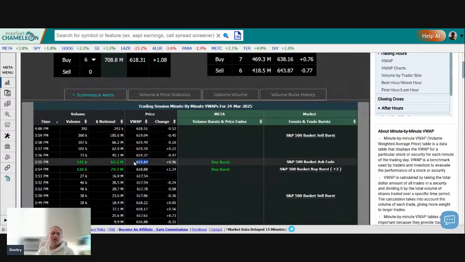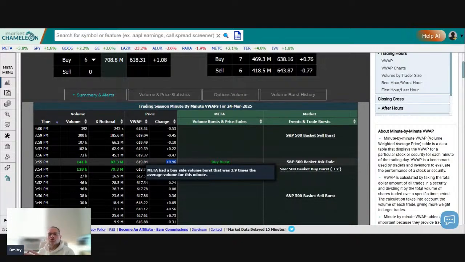Same thing at 3:55, another large volume on an uptick, we call that a buy burst. If you hover over it, it'll show you that this particular minute, the volume was 3.9 times the average volume. That's why it was identified as a large volume burst, and it was on an uptick, indicating more buy pressure than sell pressure.